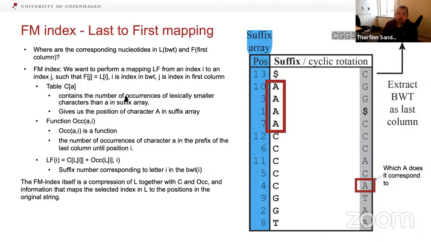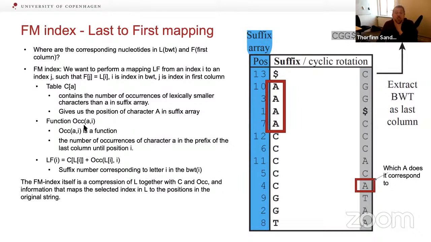So if we were looking at the value of A in the C table, then that would just be 1, because the block of A's, we know that all these are grouped. Okay, so we have all the A's starting, then all the C's, and then all the G's. The C table simply gives us an offset for where the block A starts, where the block C starts, and where the block G starts.